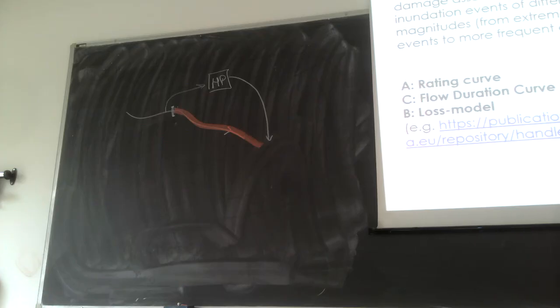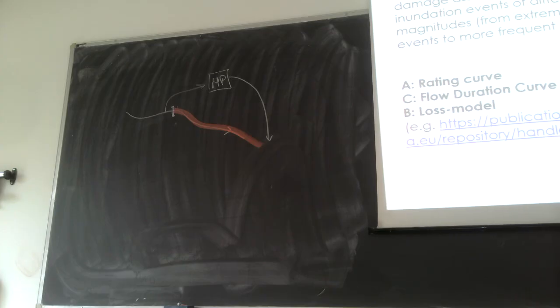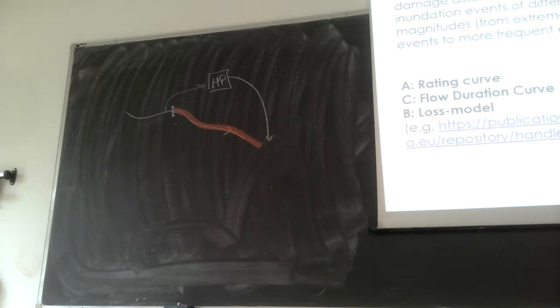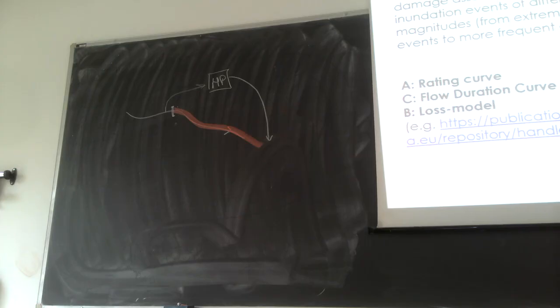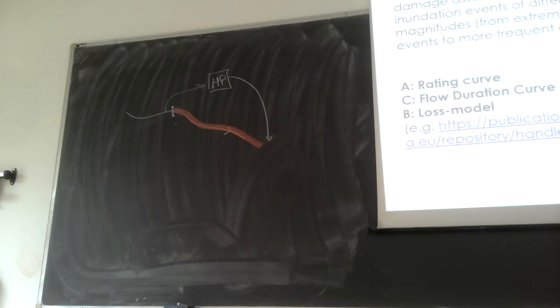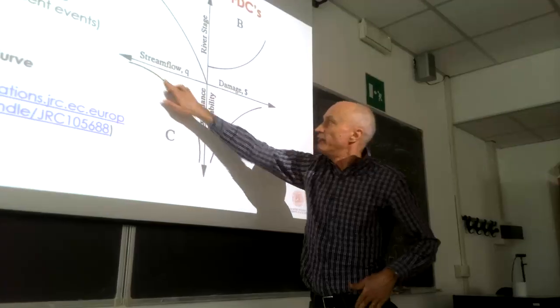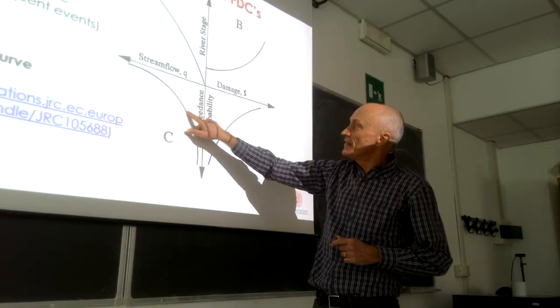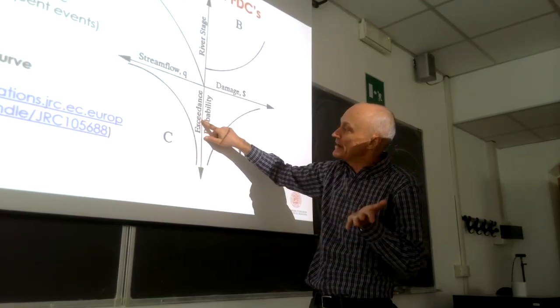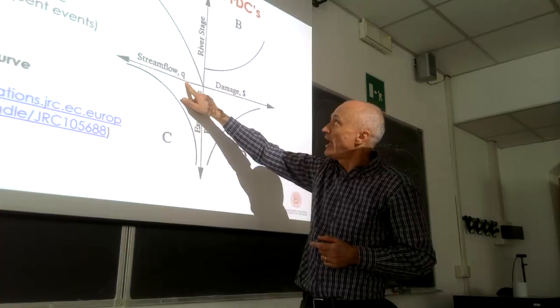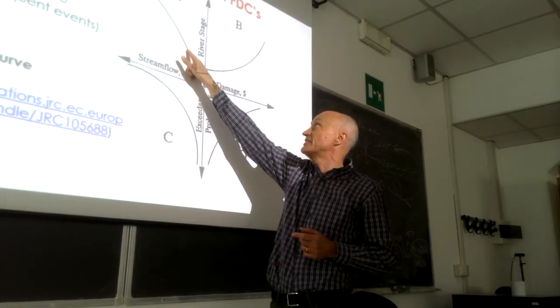So with a flow duration curve, I start with a relationship between duration or exceedance probability and stream flow. I turn it into a relationship with river stage, and finally into a relationship with damage. I can build this. This is the water resource index duration curve, a relationship between damage and exceedance probability.